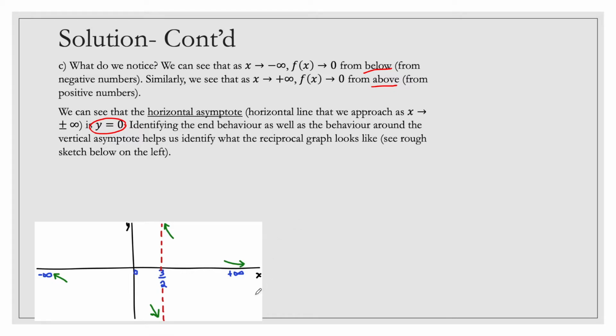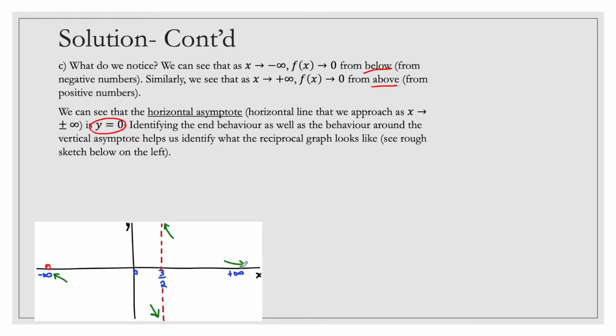So essentially from 3, we already looked at 3 over 2. We know that it's coming in from the left going towards negative infinity and coming in from the right going towards positive infinity. And then we can see here that at the two end behaviors, so as x goes towards negative infinity, we're getting closer and closer to 0, but we're approaching it from the negative numbers.